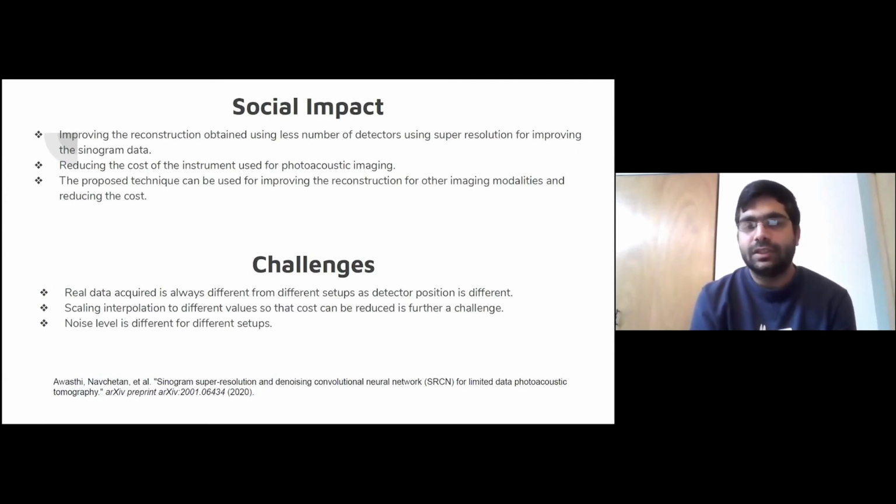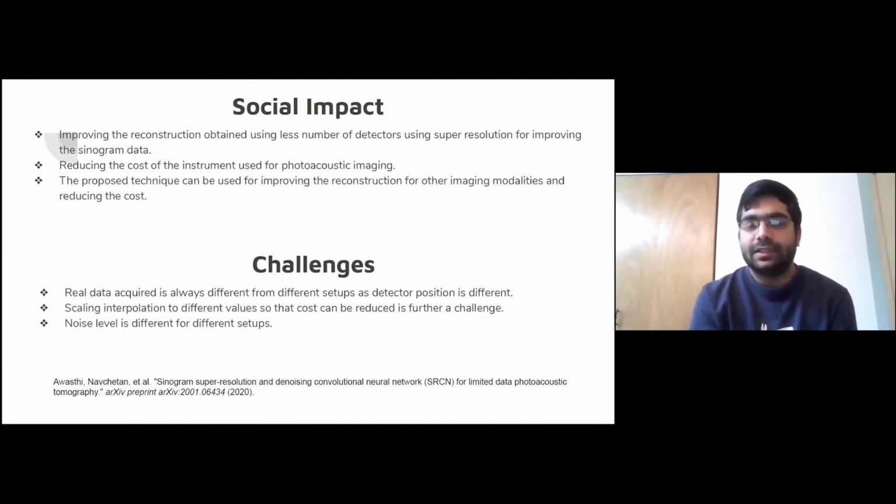This technology is currently used for non-clinical purposes. People are still working on it and saying it is better than ultrasound, but it has not yet come to hospitals. We have not seen photoacoustic setups there. The challenge is that if you change the detector position where you are acquiring the data, the data changes, and you have to train the whole network again, because the sinogram data will be different.